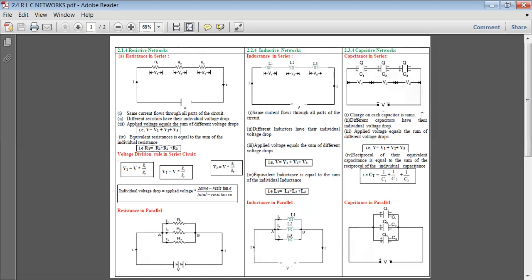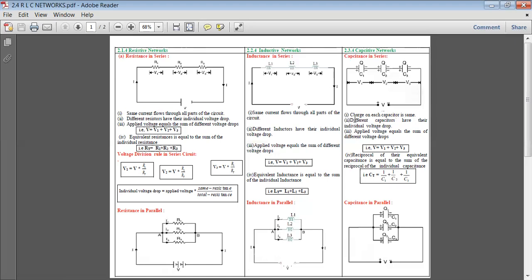This sentence is going to be changed. Whenever you get a current in series, we say the current is the same, but instead of current, I call it charge. Charge on each capacitor is the same.